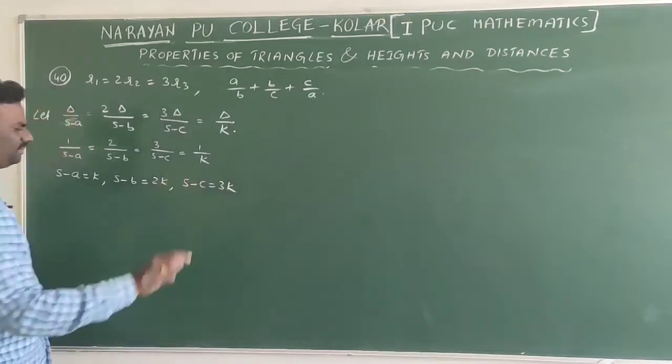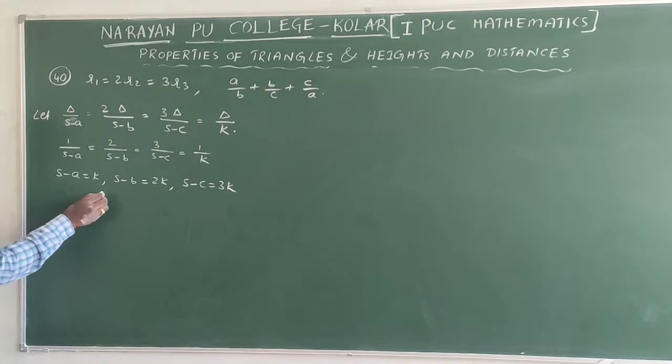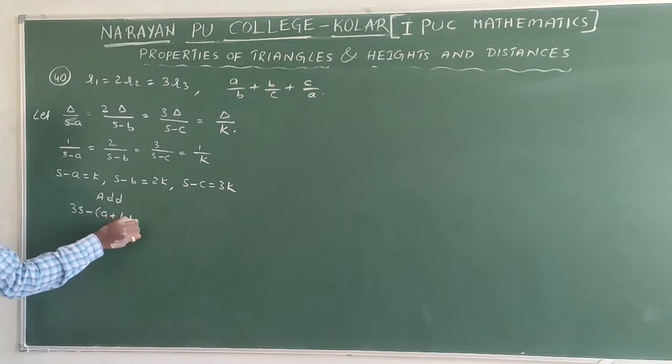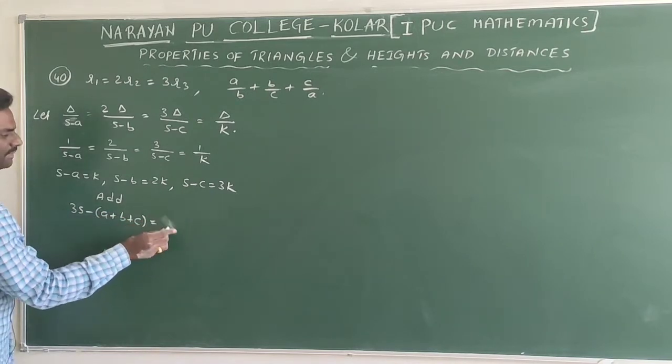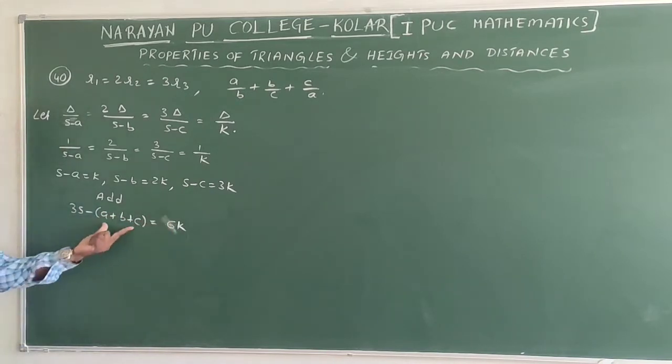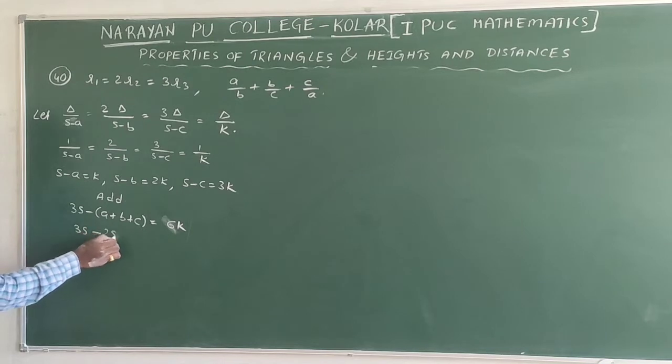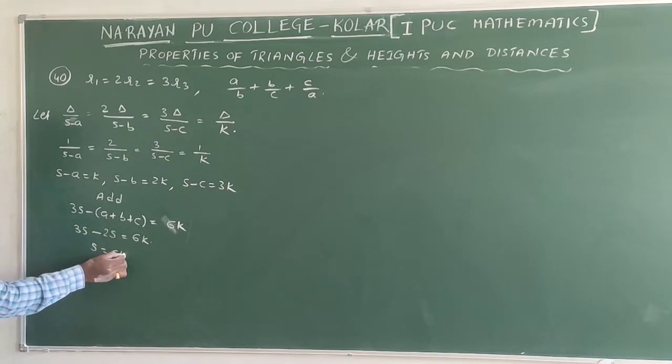Adding, 3S minus (a plus b plus c) is equal to 6k. In place of a plus b plus c, I can write 2S. 3S minus 2S equals 6k.